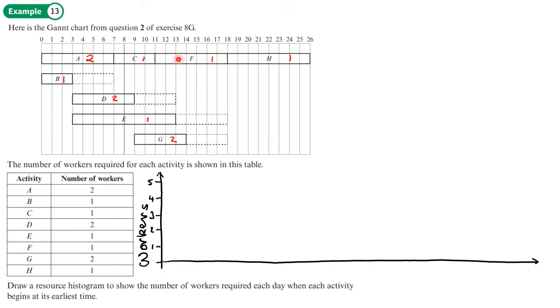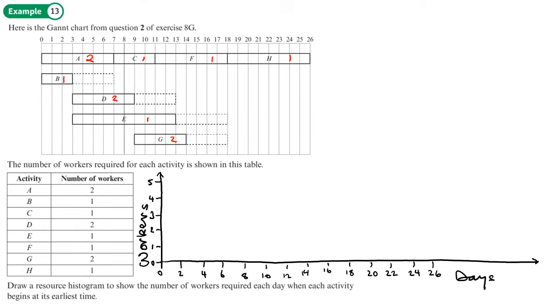Here is going to be 4, so I'm not going to need any more than 5 workers at any one time. So that's going to be the highest point of my histogram. So I only need to go up to 5. And I can see that I need to go all the way up to 26 on my horizontal axis, and that is going to be the number of days.